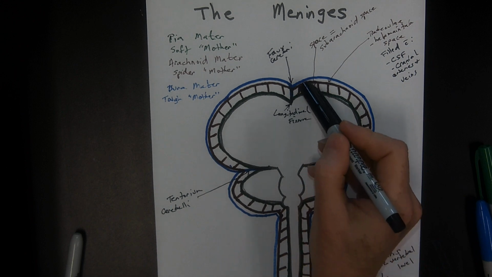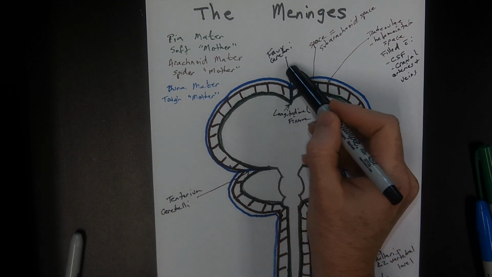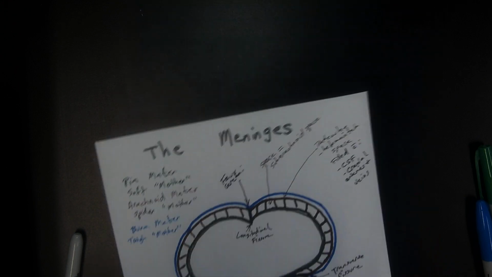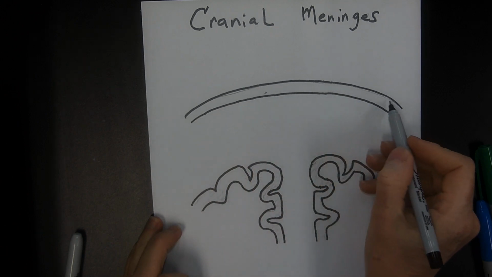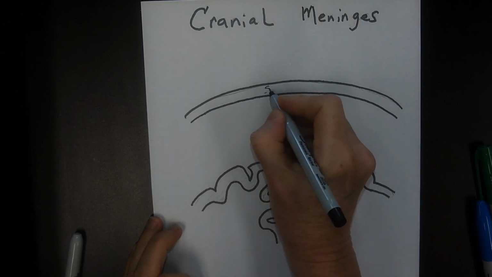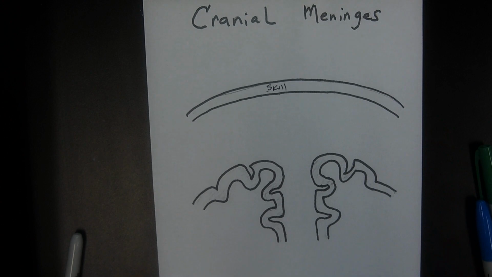I'm going to zoom in right here to this area right here. Okay, so this is just nothing more than a blow up of that region. Okay, there, see where I am? So just again, this is a frontal section, and this is representative of the skull.